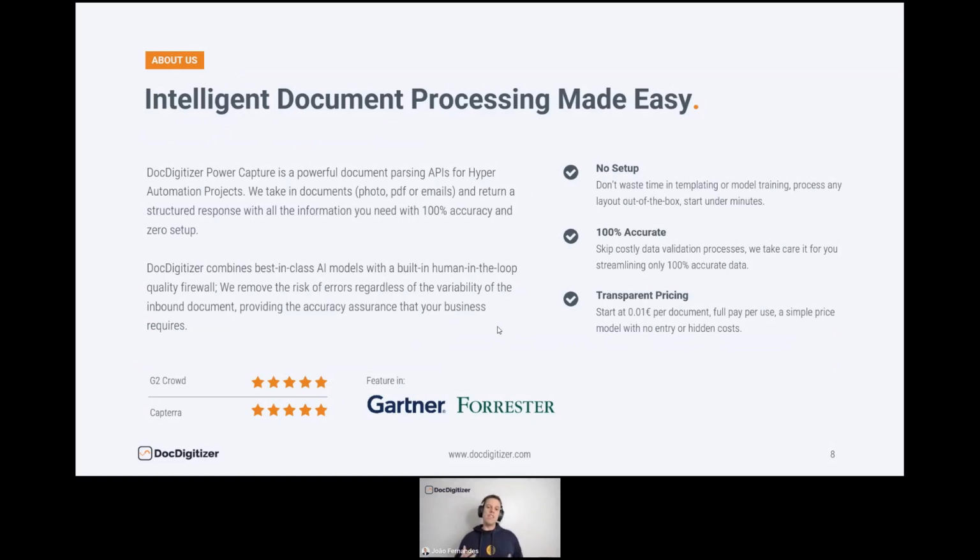Okay, so this means in practice that we want to provide an IDP layer, an IDP API that is able to get data out of your documents across any document, any format, any language, any layout, with no setup, so with no entry cost, with no need to develop data sets, to train the model, to assess the model, on one hand. On the other hand, to provide you only accurate data, data that is accurate enough so you can skip your costly data validation process.